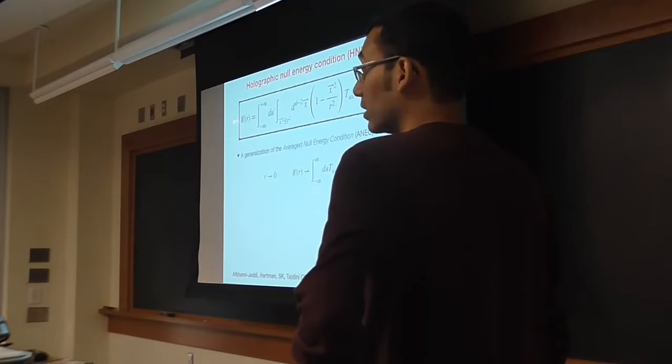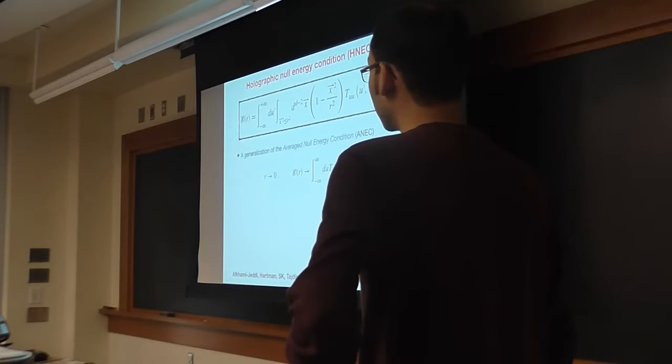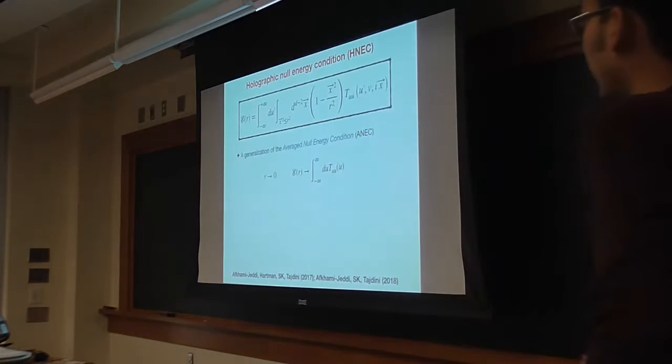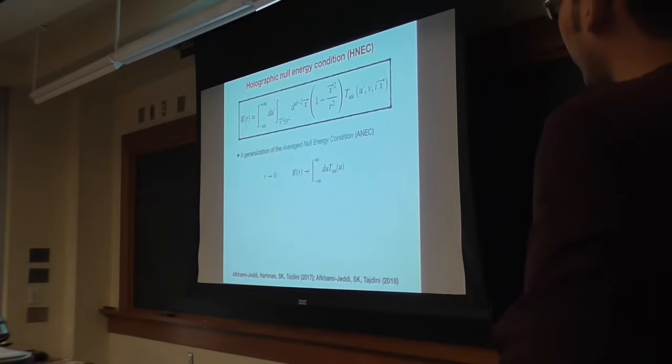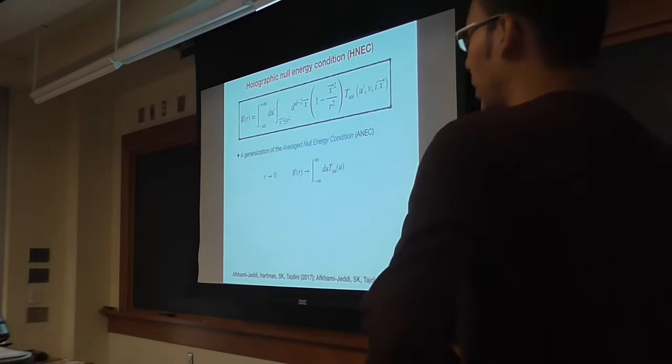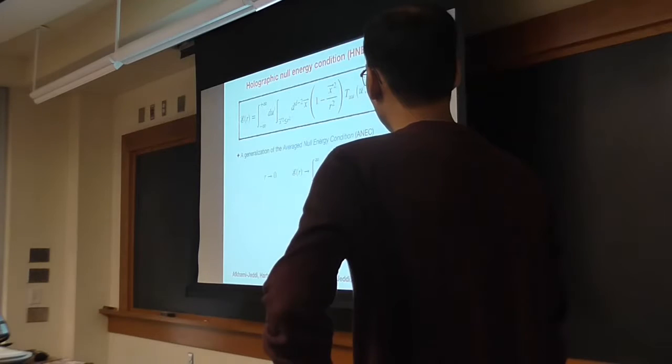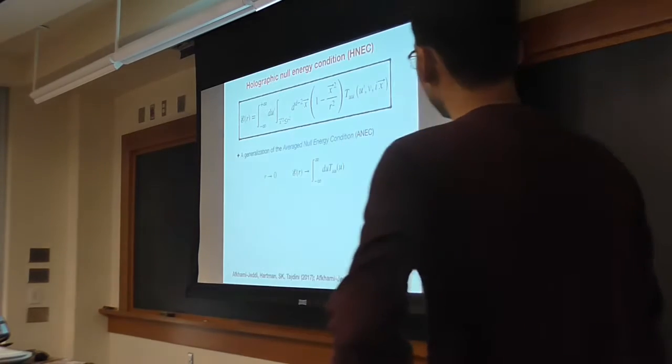But this is a function, so the positivity gives you a positive function. That's way stronger. At one end of that function you get the averaged null energy condition. On the other end, you get all the interesting bounds that you get for holographic CFTs.